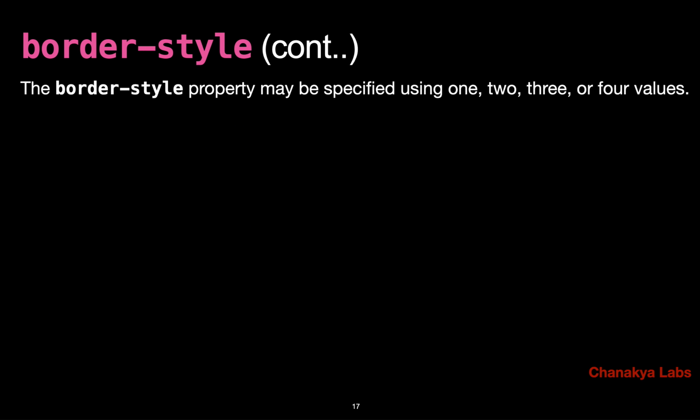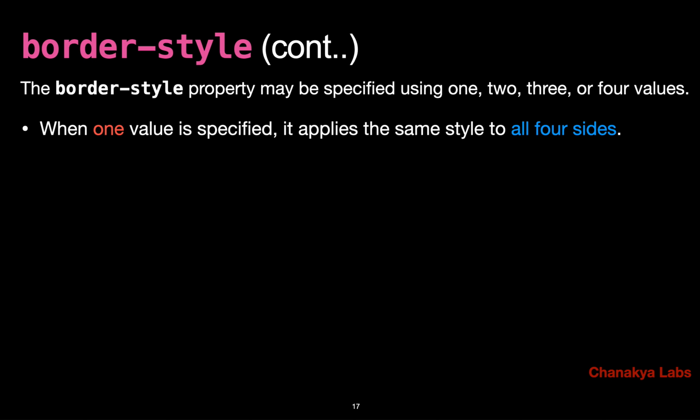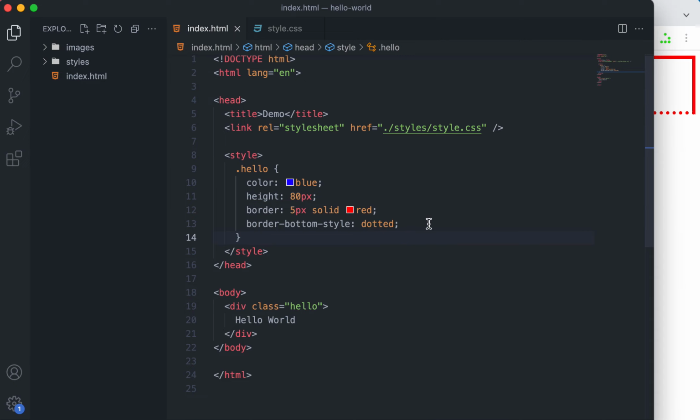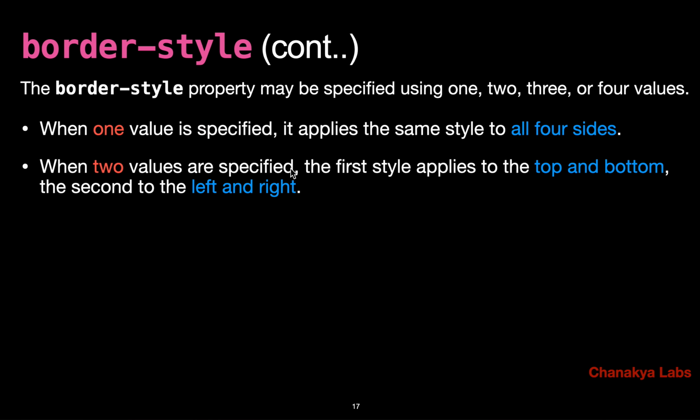Now let's come back to what I was mentioning, and properly highlight it. If one value is specified in border style, or in any such situation, it applies to all four sides. If two values are specified, the first value is top and bottom, and the second one is left and right.